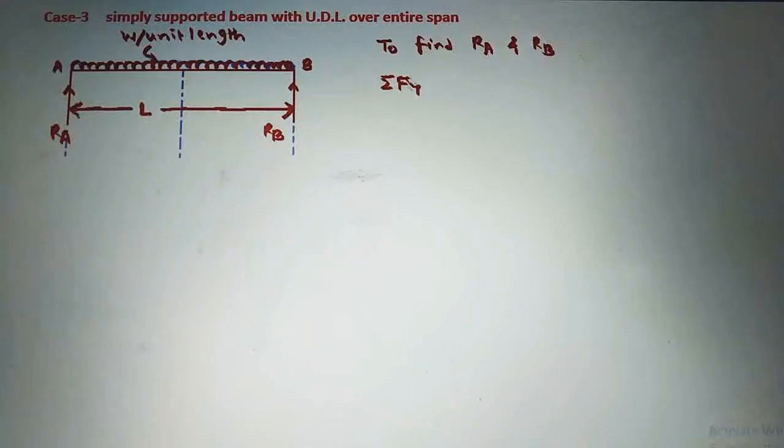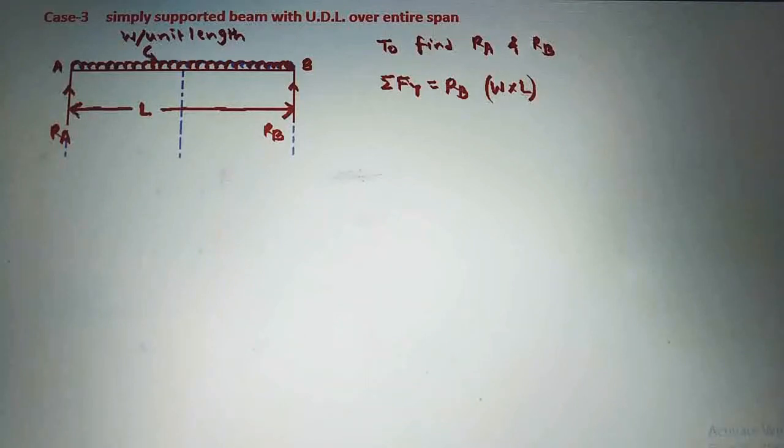First we will take summation F of y. In summation F of y, we will first write Rb, that will be positive, acting in upward direction. Then the U.D.L is acting in a downward direction, but this U.D.L we have to convert into a force. So we will take here W into L. This is the magnitude of the force by converting this U.D.L into a force.